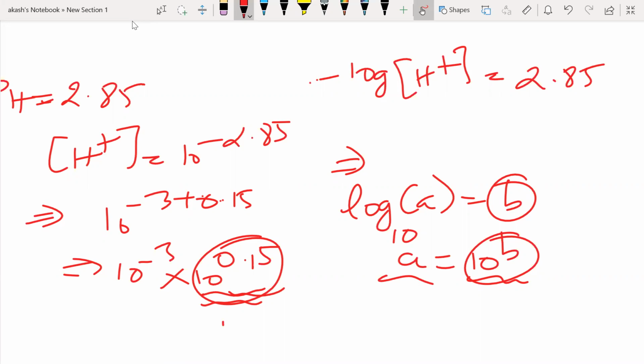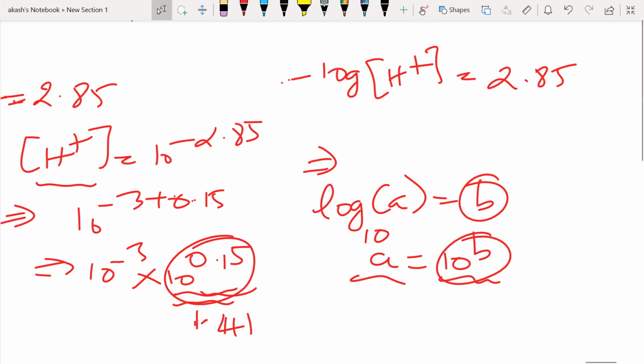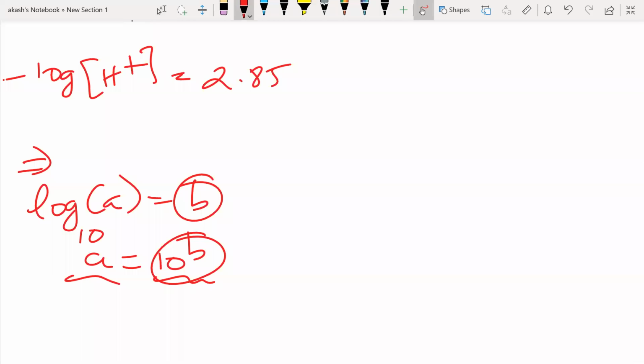Okay, 1.41. Right, so done. So I got the H plus concentration from the pH value, whatever is the actual H plus concentration dissociating. But what is the actual total concentration of the acid?